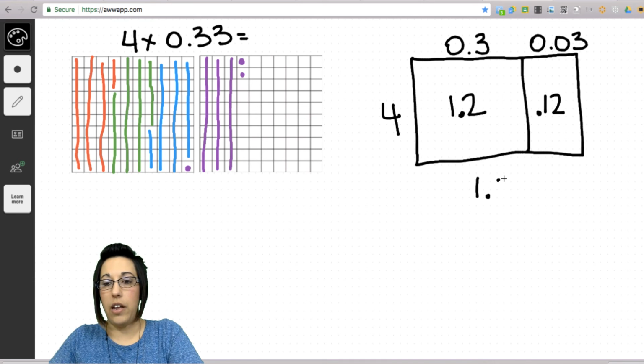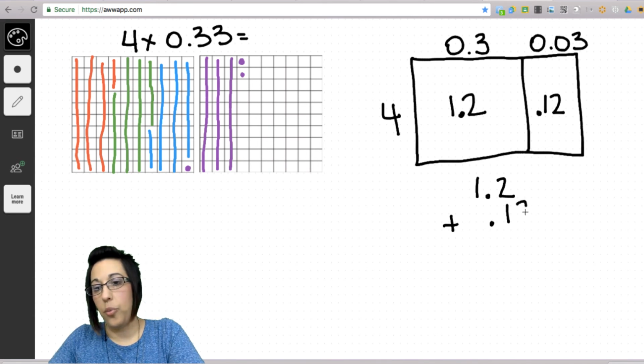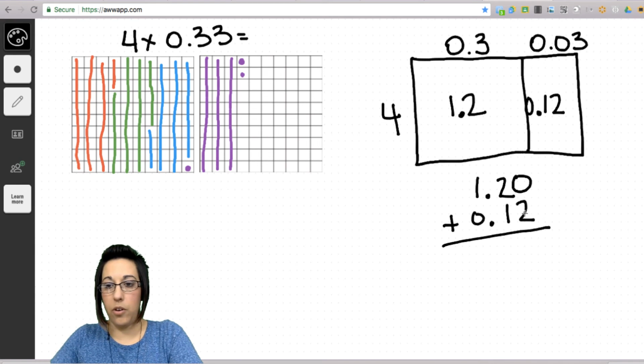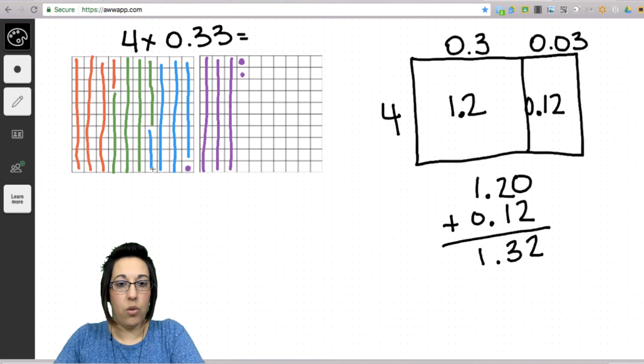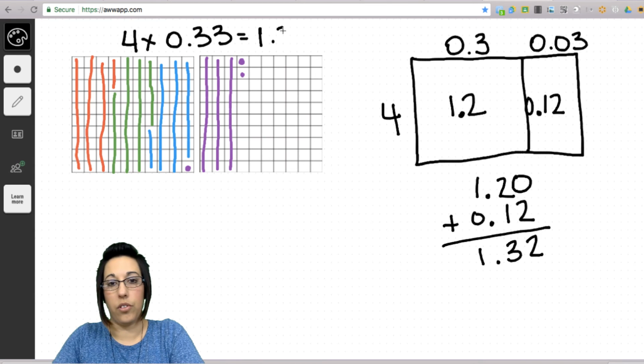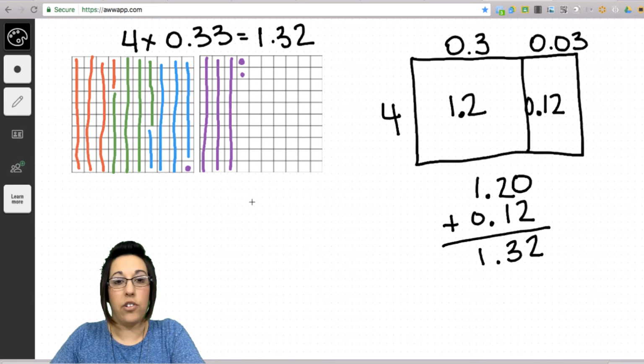So 12/10 plus 12/100. Annex a 0. 0 plus 2 is 2. 2 plus 1 is 3. 1 plus 0 is 1. 1 and 32/100. Looks like I just must have counted wrong, but I fixed it.